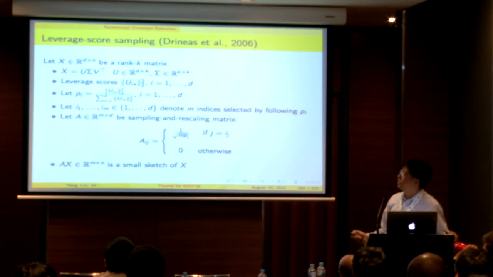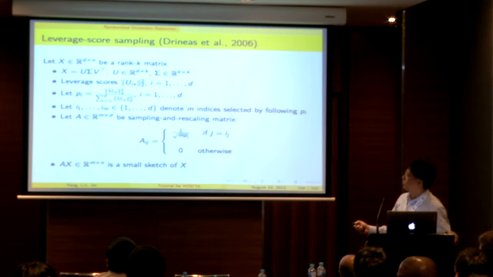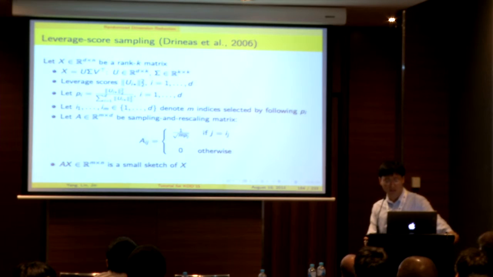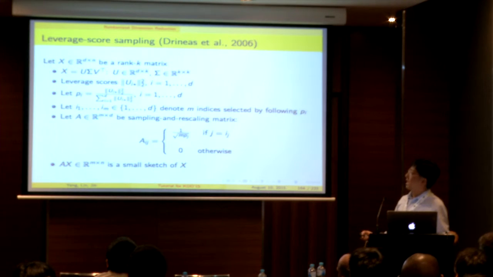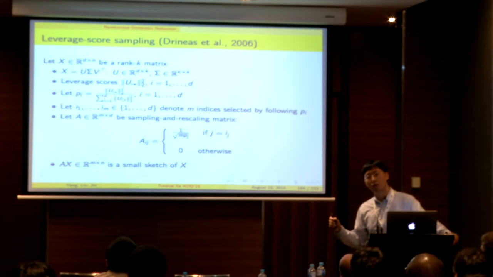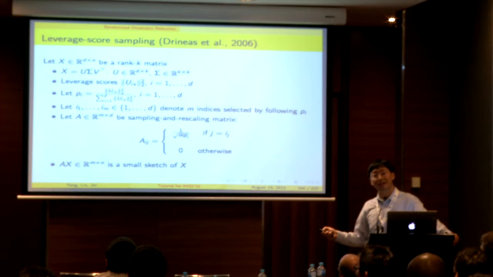Let's say you use i_1 to i_M to denote the M indices that you sampled from the D rows, following the probabilities defined here. And then you can define a sampling and rescaling matrix, the A matrix. In each row of this A matrix, there's only one non-zero position, corresponding to the selected index.